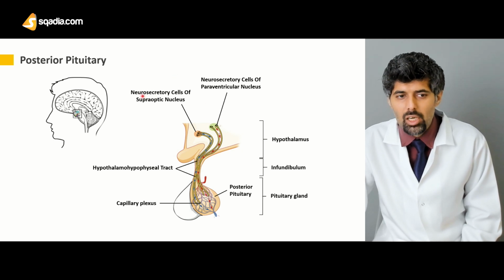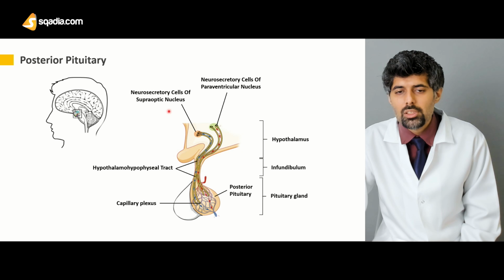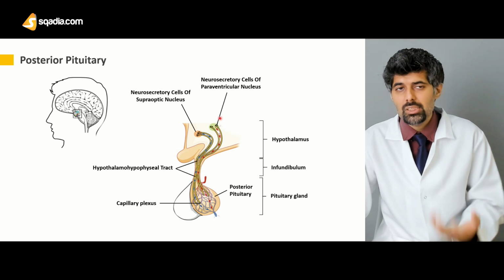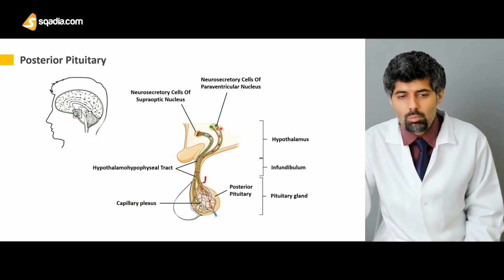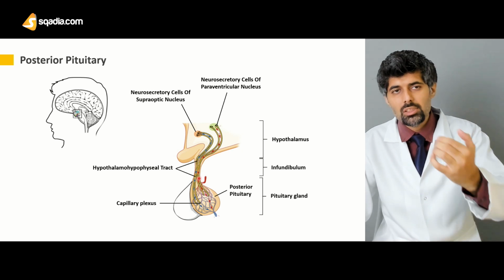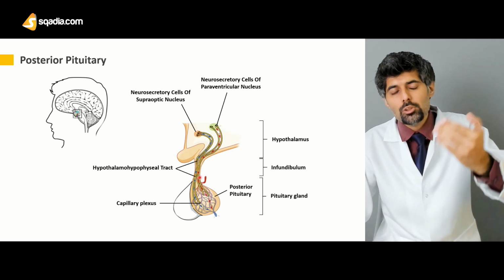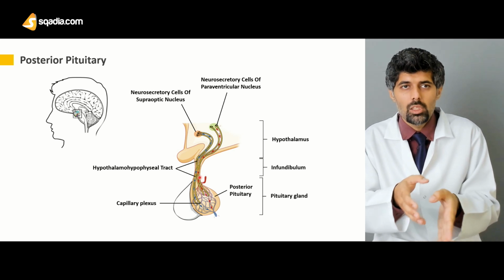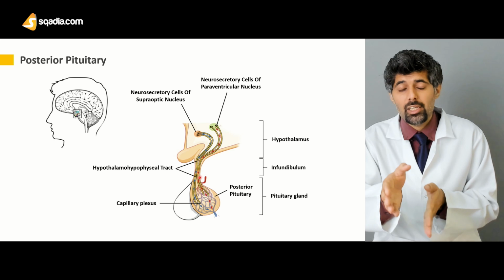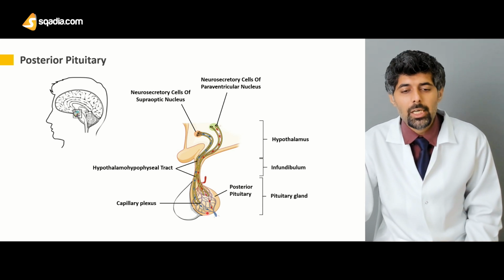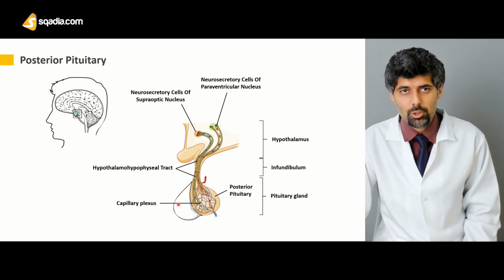These nuclei are the supraoptic nucleus and the paraventricular nucleus. Once these hormones have been synthesized, they move downwards into the infundibulum. This movement happens through the axons in the axoplasm, so they move inferiorly into the posterior pituitary.